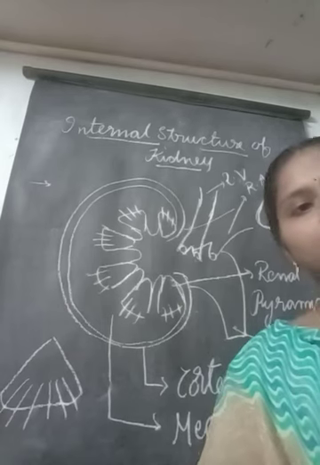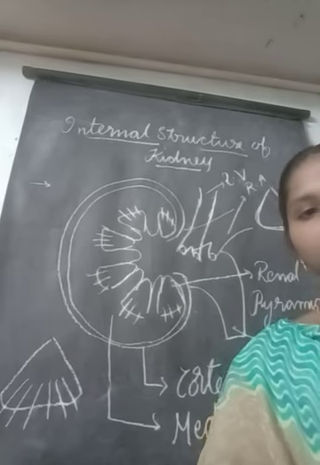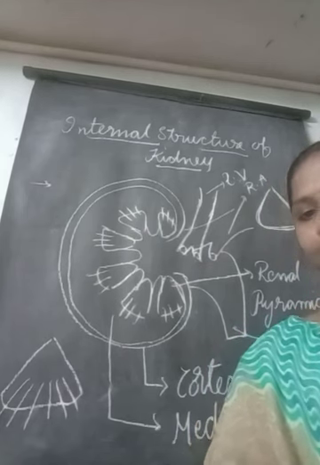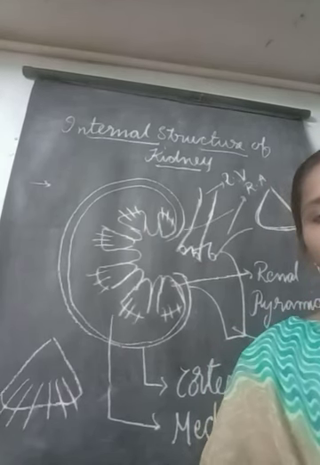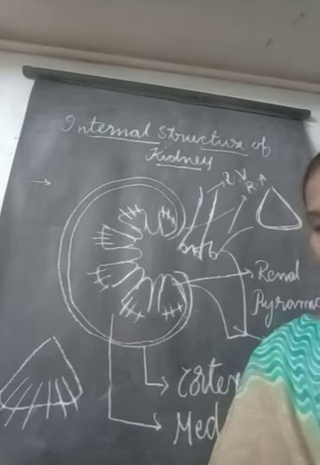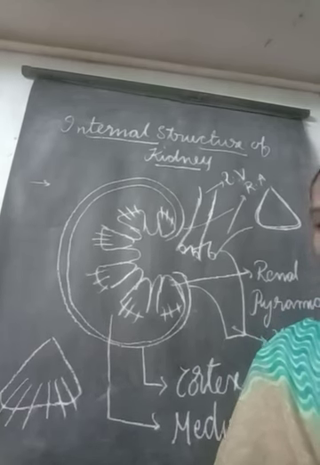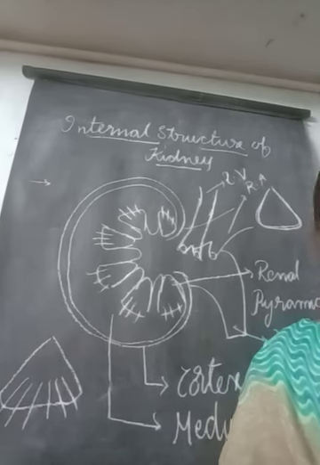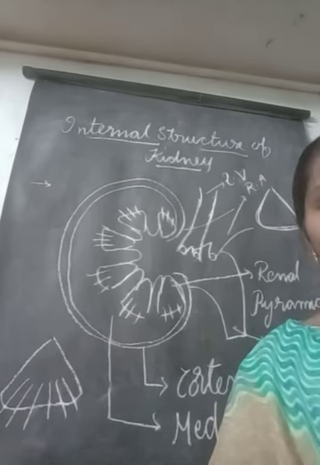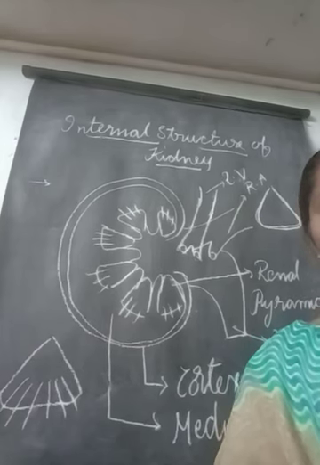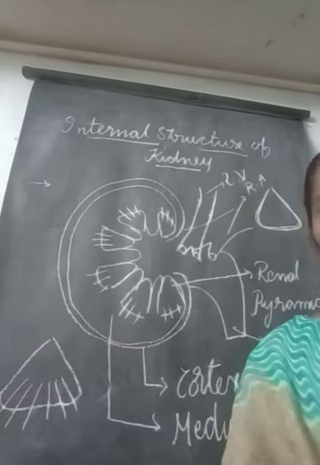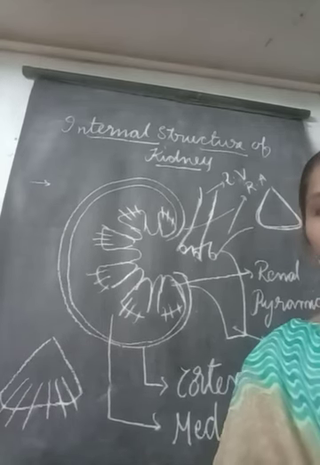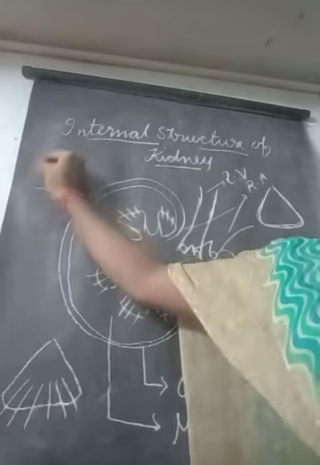Each and every organ is made up of tissue, and each tissue is made up of cells. Just as lungs are made up of alveoli and heart is made up of cardiocytes, the kidney is also made up of a basic unit called nephron.